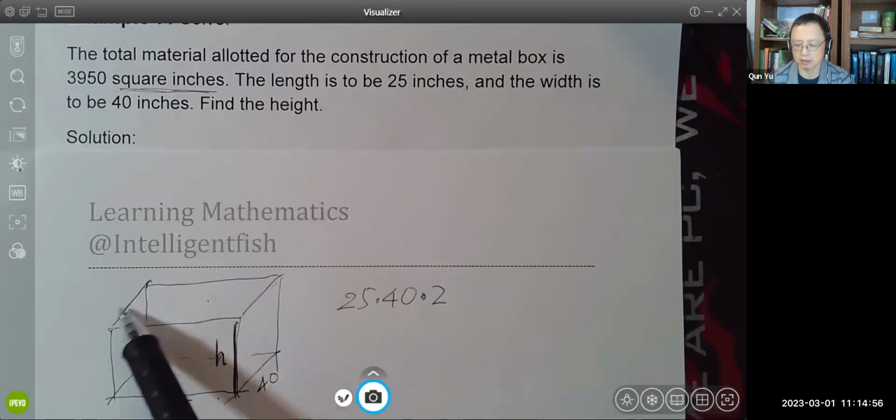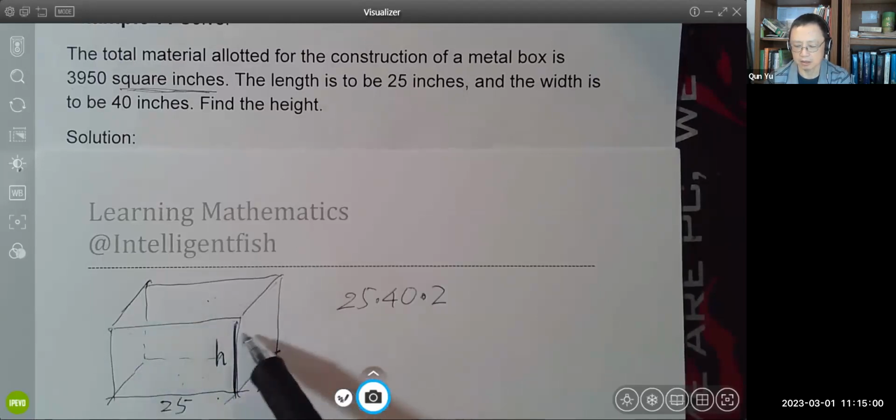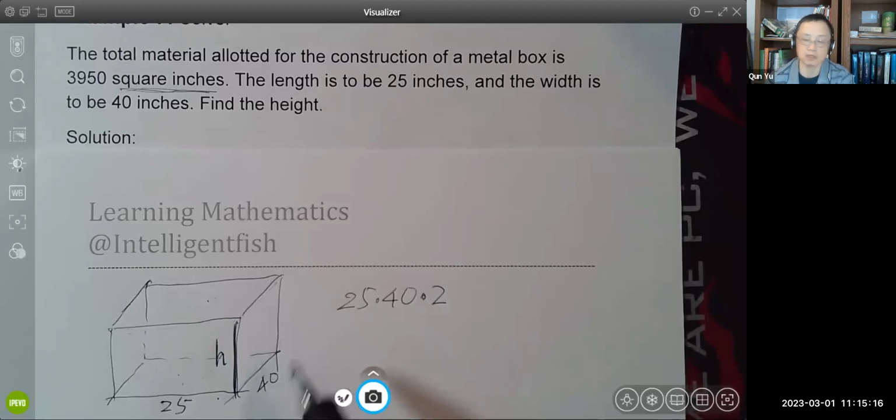Now let's look at the left side and right side. It is also a rectangle, right? Length like 40 and width like this height. It doesn't matter whether you call it length or width or height, because for a rectangle you just multiply these two adjacent sides. Whatever you call them, it's just names.